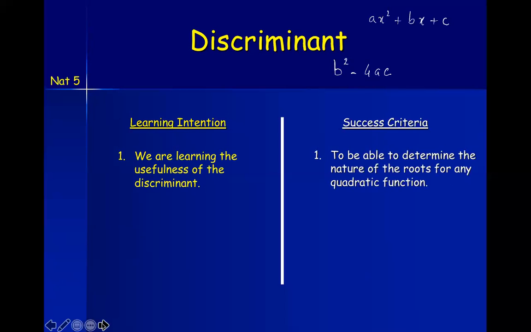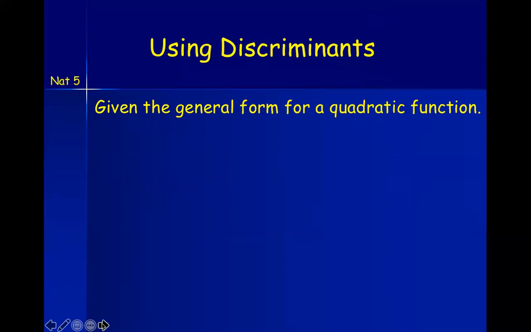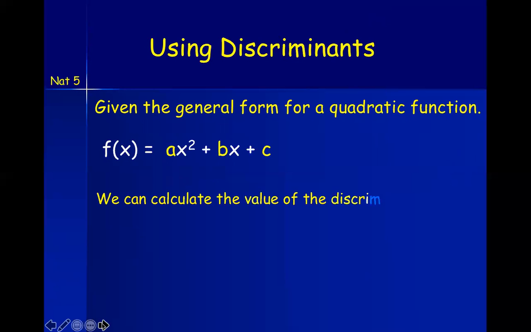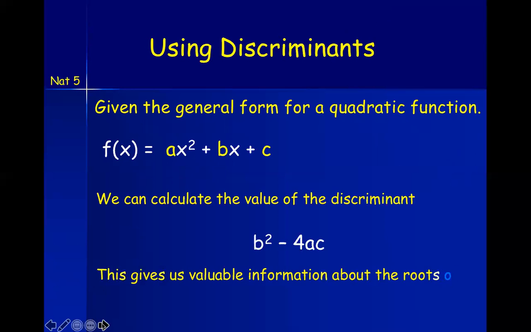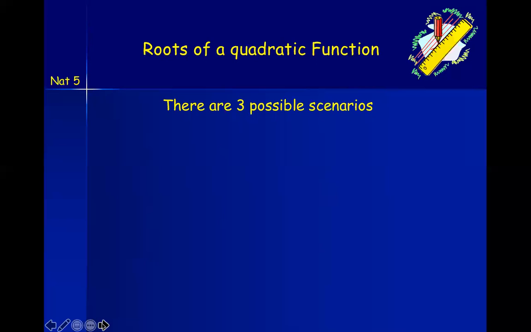It's quite useful because it gives us the nature of the roots. So given ax squared plus bx plus c, the discriminant we said was b squared minus 4ac. This gives us some information about the roots.